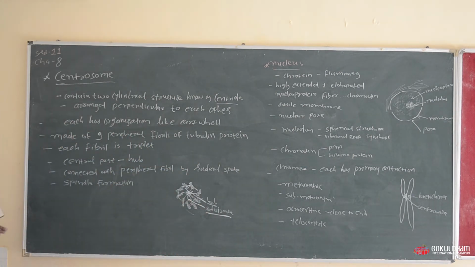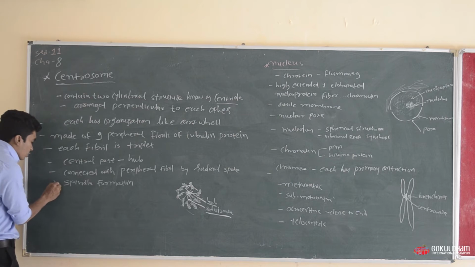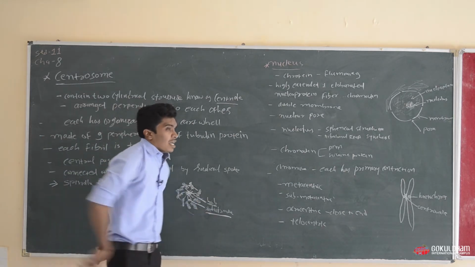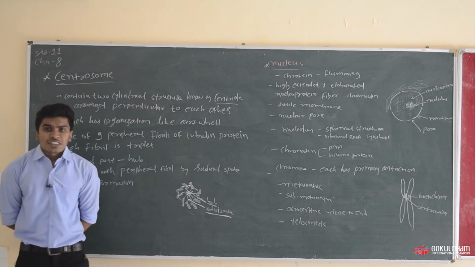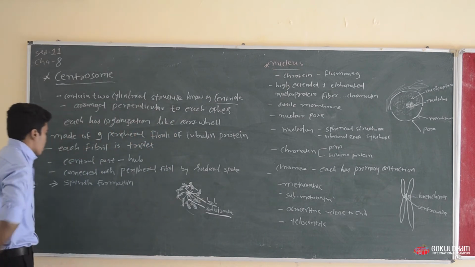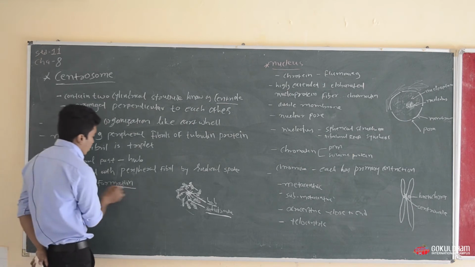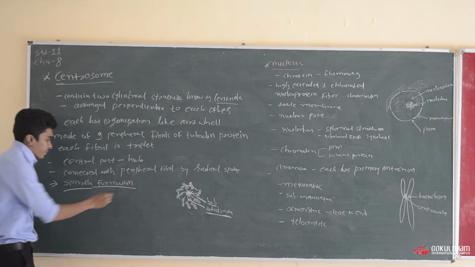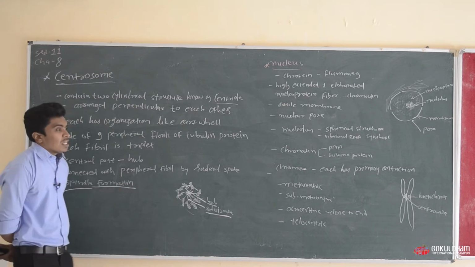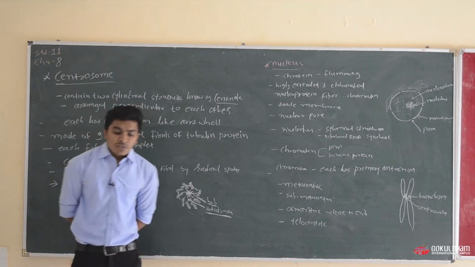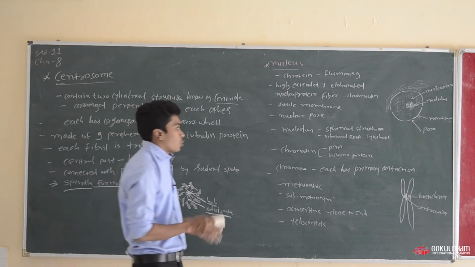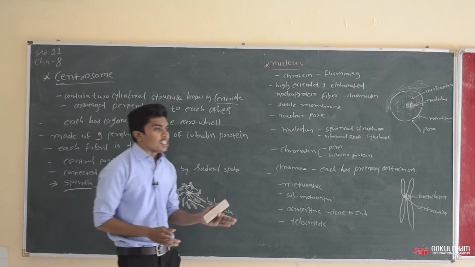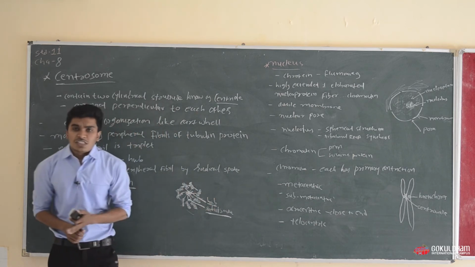Okay. Now what is the function of the centrosome? The centrosome is present only in animal cells, as we all know, and its main function is spindle formation during cell division.